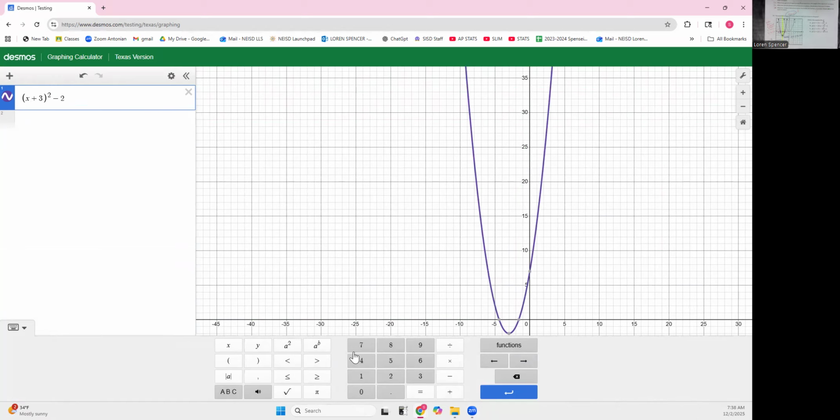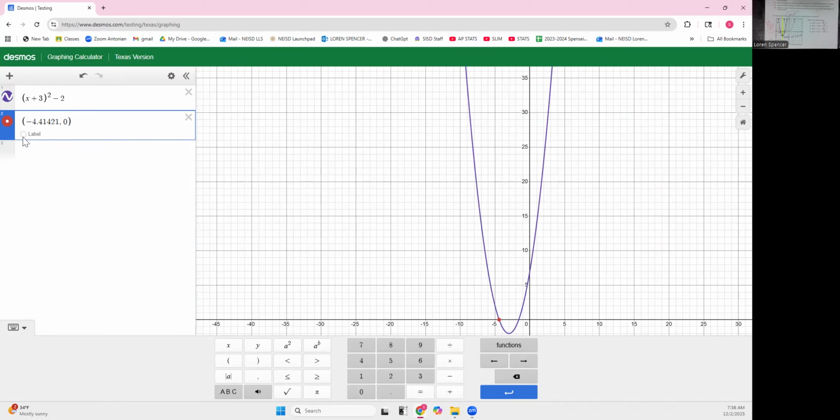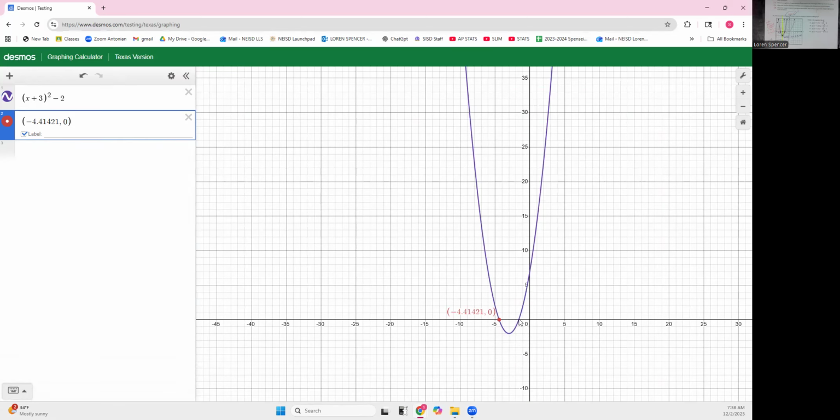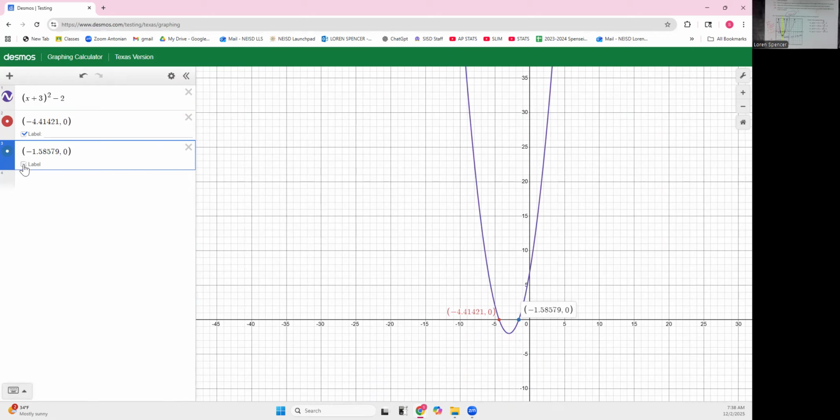And it's close, but those are not right. My vertex is in the right spot. But you know what? Just because that's close, I'm going to go ahead and mark them and label them, and then I'll put the next one up, see if I get a better answer. Okay? And we know the vertex is in the right spot. Then we're going to try the next one.